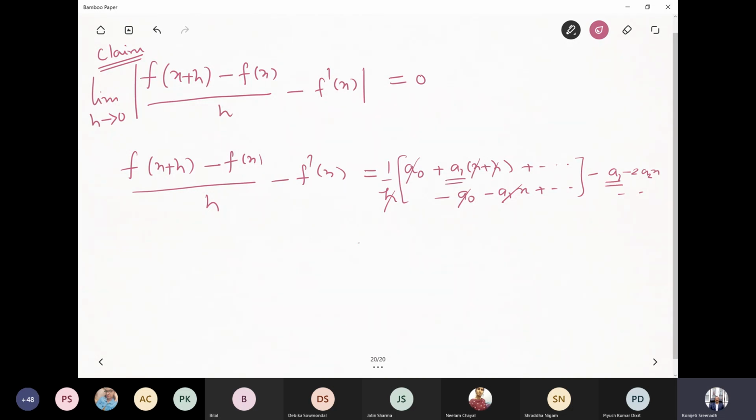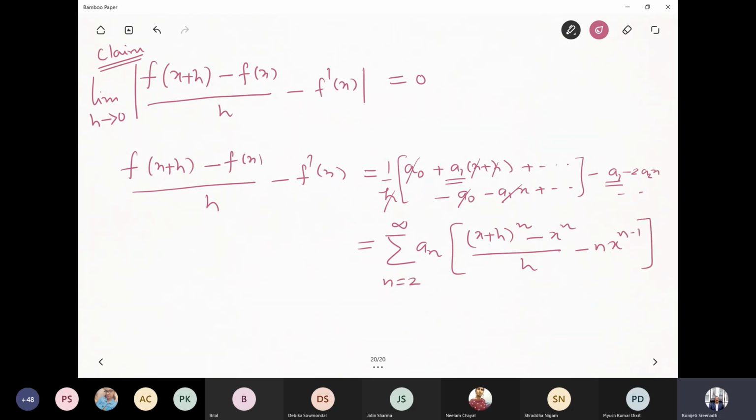So as a result, you get a series like this. The series starts from n equals 2 to infinity, a n into x plus h power n minus x power n on h, minus n x power n minus 1. So we have to see how this series behaves as h goes to 0.